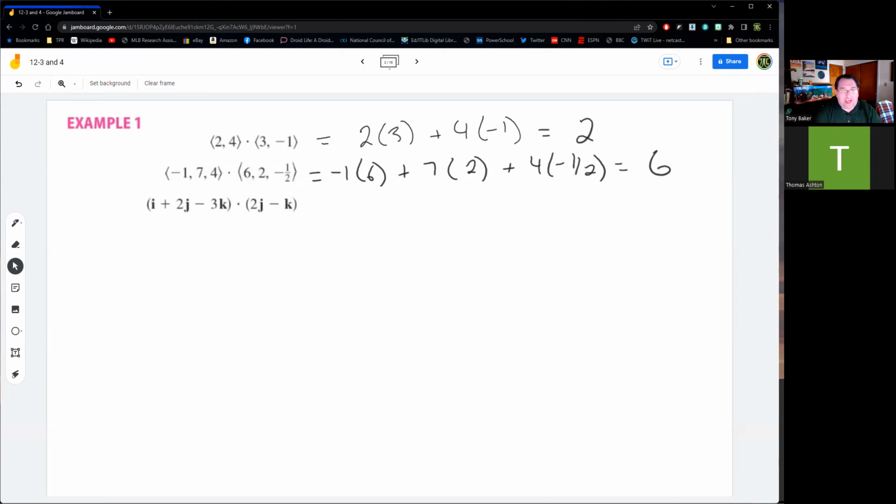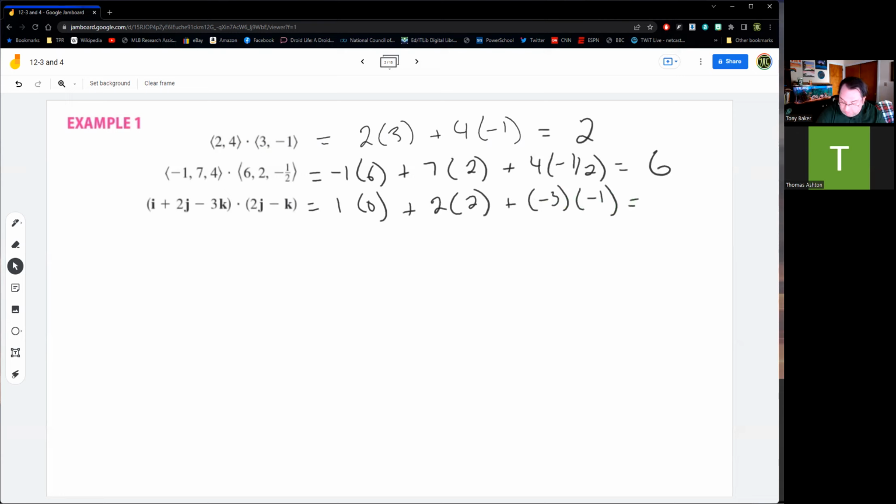And remember, the i, j, and k setup is in essence the exact same thing as the numbers. It's just we have the i, j, and k there, and it's plus or minus. So in this case, the first one is going to be 1 times 0 because there's no i in the second one. Next one is going to be 2 times 2. And then I have negative 3 times negative 1.